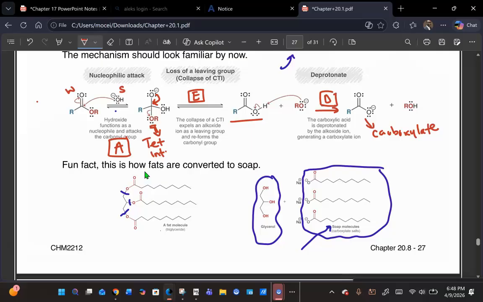In basic condition, ester hydrolysis. So in basic conditions with a strong nucleophile. Correct. Now, if you want the carboxylic acid, you will do a P step. Notice that these are not reversible. Why did they put it reversible? That's a shame.